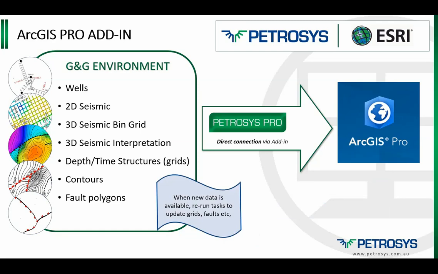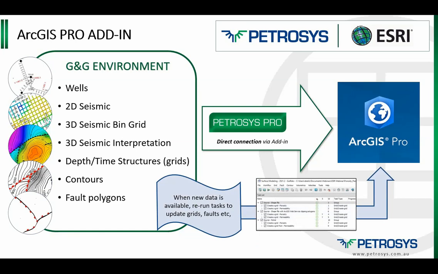Similarly, you might ask, when new data is available, how do I update surfaces, grids, faults, for example? As you will have seen in Kat's demo, we have the surface modelling engine built inside of the tool as well. Kat showed an example of creating an isopack map simply by using some of our grid arithmetic.